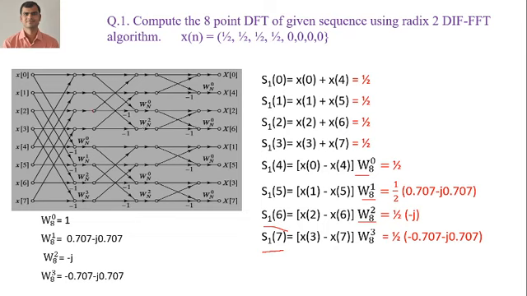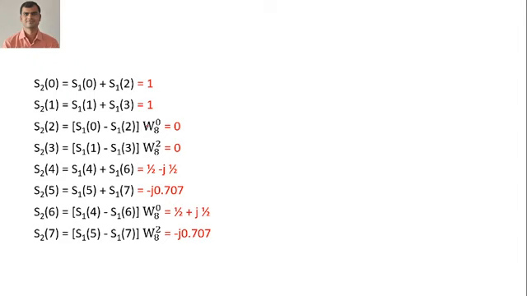Here it is S1(1) minus S1(3), then it is multiplied with W_8^2. In this way we can find the output of stage 2, for S2(4), S2(5), S2(6), and S2(7) also. So we will be getting the output of stage 2.